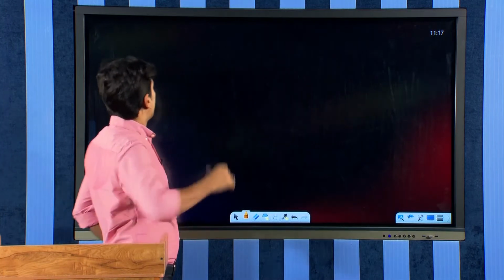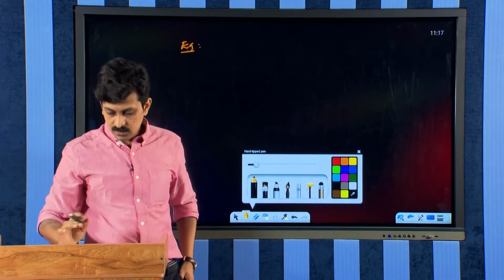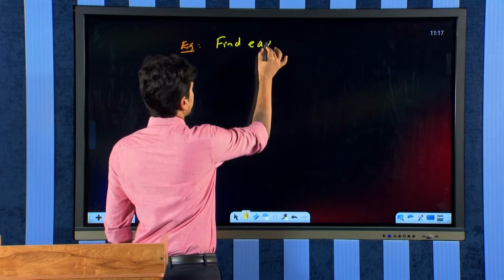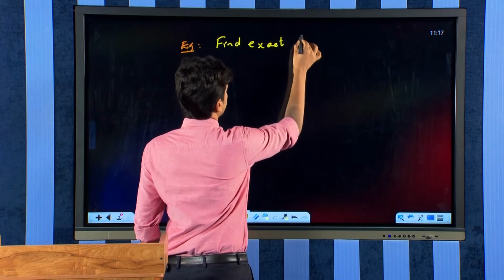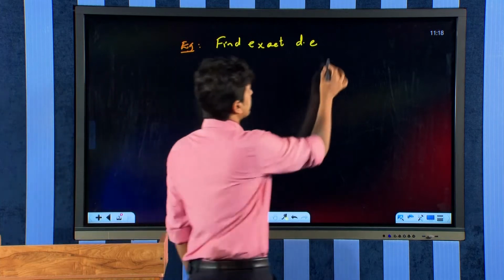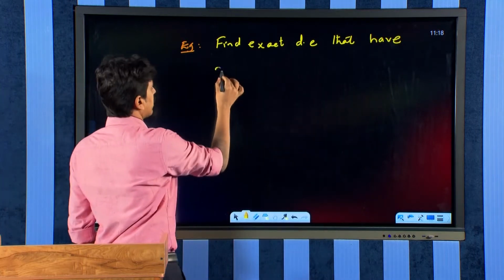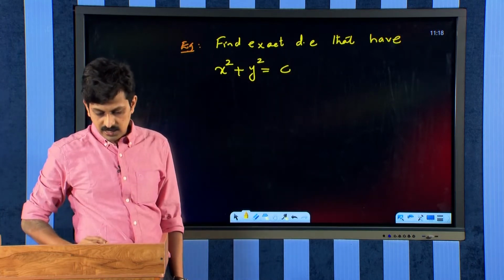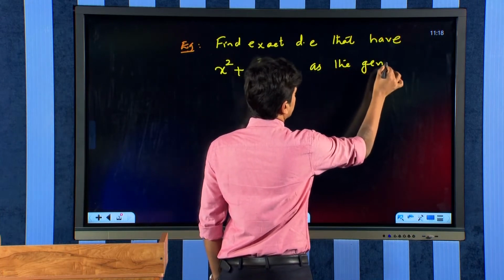Let us see an example. Find an exact differential equation that has x squared plus y squared equals c as the general solution.